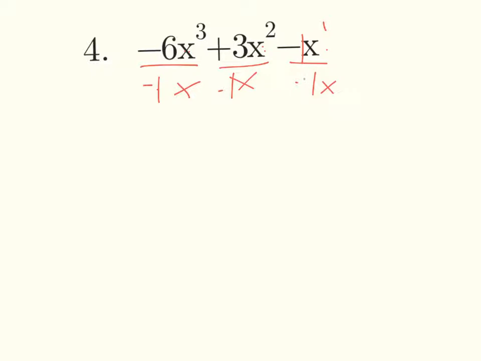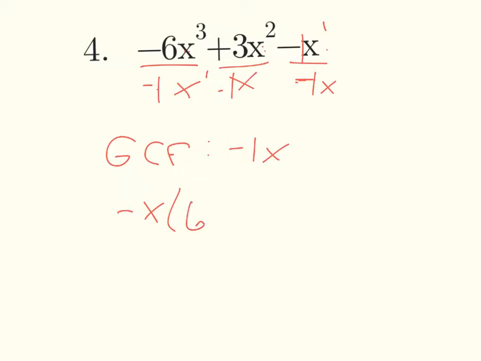So -1x is our GCF here. Take that out. If it's alright with you, I'm going to just say -x. We take that out, we change signs. So that's 6.